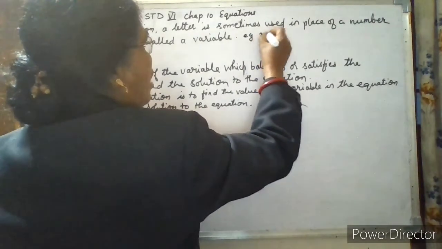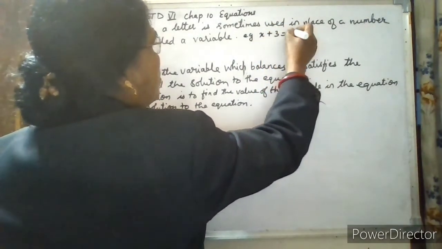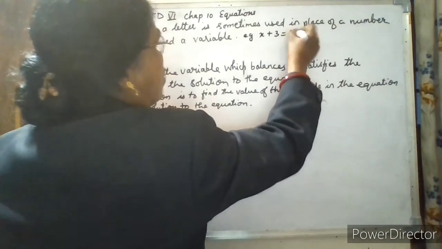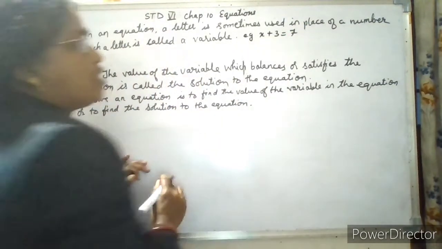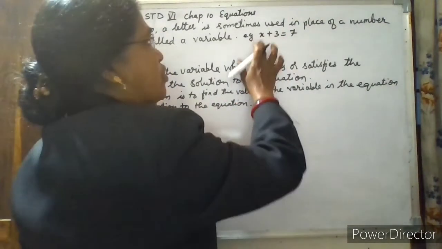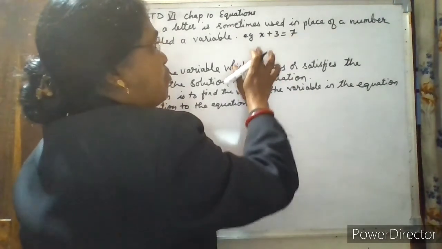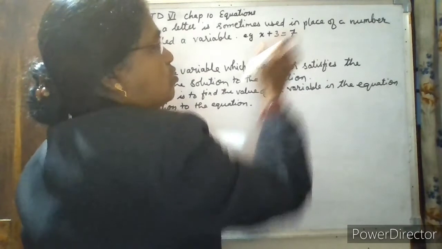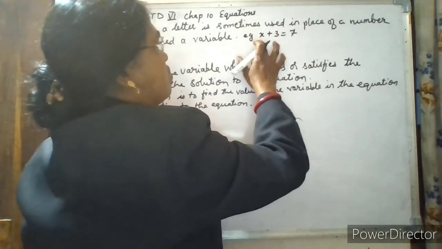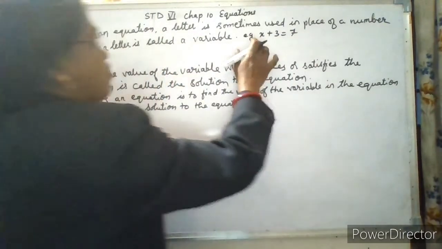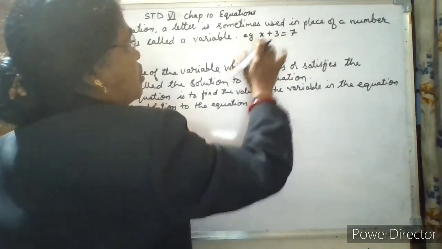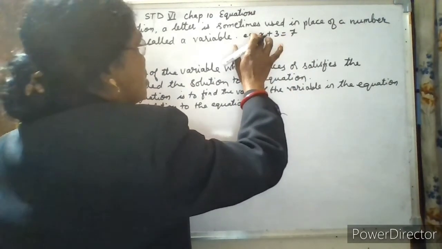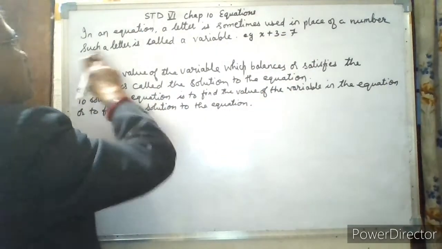x plus 3 equal to 7. This is an equation. x is used in place of a number, but x can be replaced by 4, so 4 plus 3 equal to 7. So when a letter is used in an equation, such a letter is called a variable.